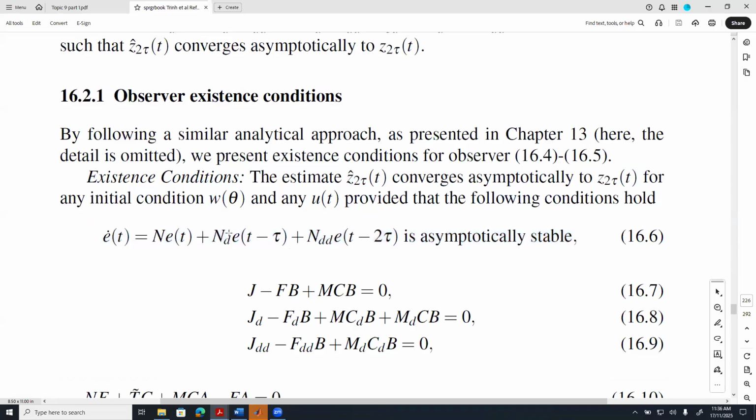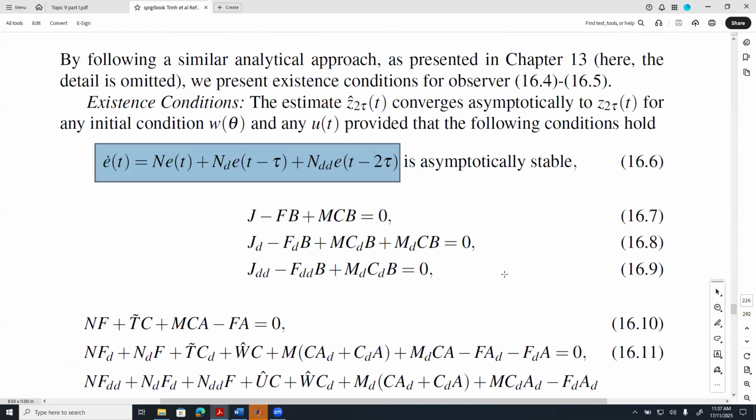You can see that now we are actually looking at an error time delay system with multiple delays. And so if you look at chapter 20 in our book, we discuss the stabilization problem or the stability problem based on well-known existing results in the literature. So that one is required to be asymptotically stable or exponentially stable.